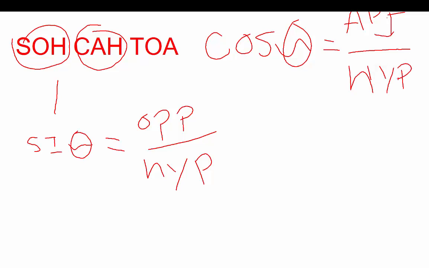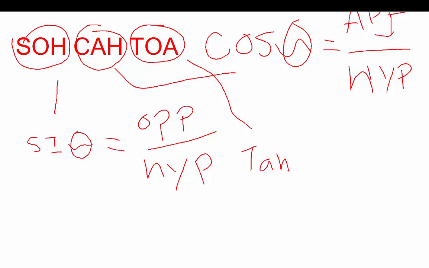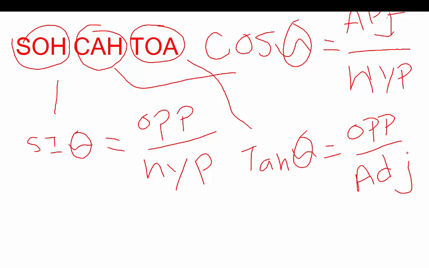Okay? So that's CAH. And then TOA, this is the tangent of angle theta equals the opposite over the adjacent. There, I did it right that time, adjacent.